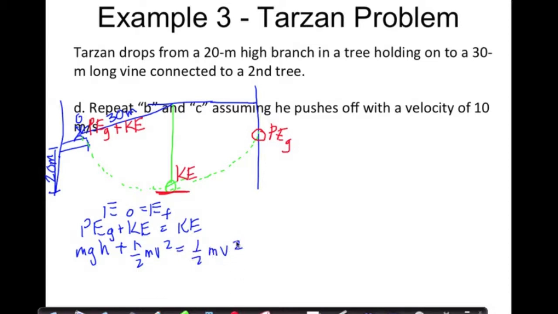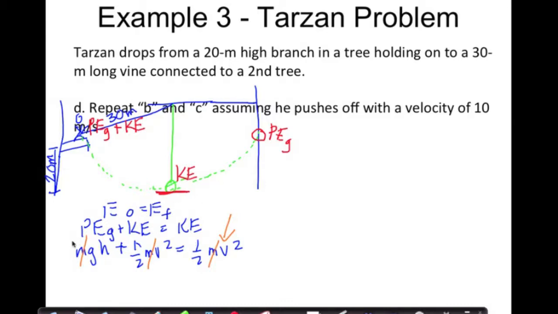This time we're looking for velocity at the bottom of this path. If we take a look at our equation, we can see that the m's cancel out of all of these terms. And if we multiply through, I'm not a huge fan of fractions, and it makes solving a lot easier if we get rid of them.